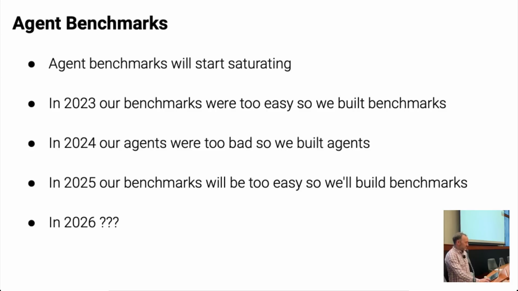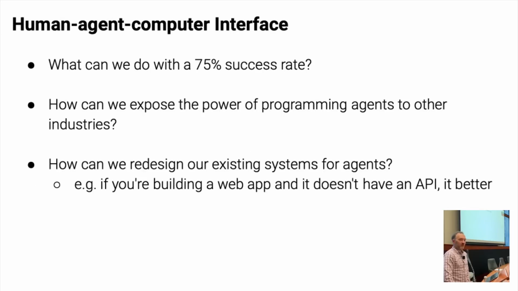Then the human agent computer interface. I think one thing that we'll want to think about is what do we do at 75% success rate at things that we actually care about? Right now we have 53% or 55% on SWE-Bench Verified, which is real world GitHub PRs. My impression is that the actual ability of models is maybe closer to 30 to 40%.